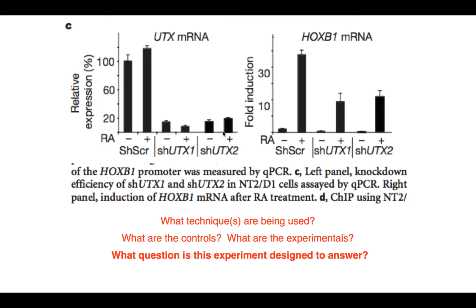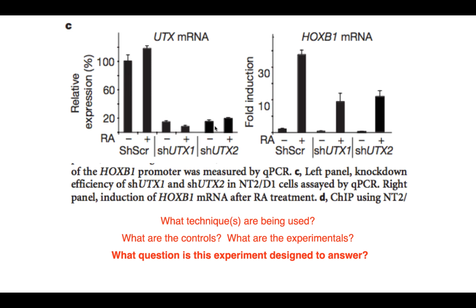This is simply a control. This is the authors demonstrating to us, the readers, that their short hairpin RNAs intended to knock down UTX messenger RNA do indeed knock it down. Here is the expression of UTX in the absence of those microRNAs, and here it is in the presence. So it's not 100%, but it's pretty darn effective.